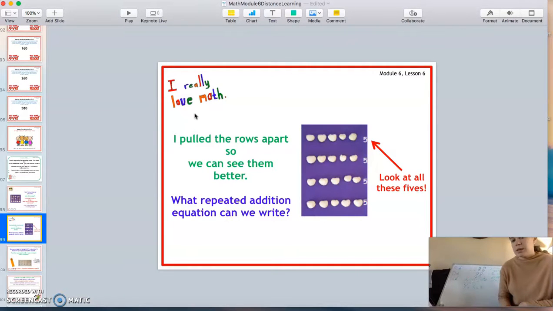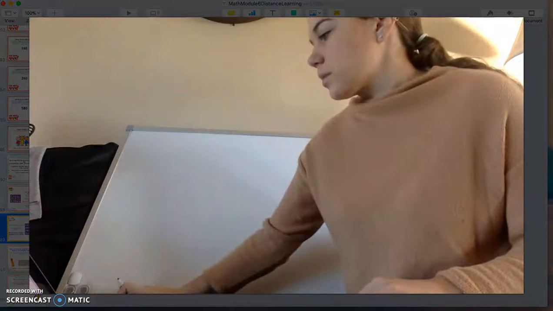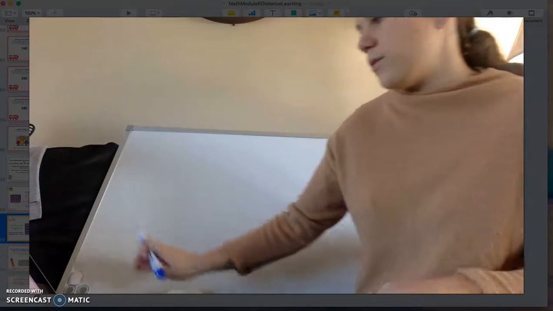What would our repeated addition sentence look like if we had this? So take a look at that. I'm going to erase this so we can write it up here. So it had 4 rows of 5.